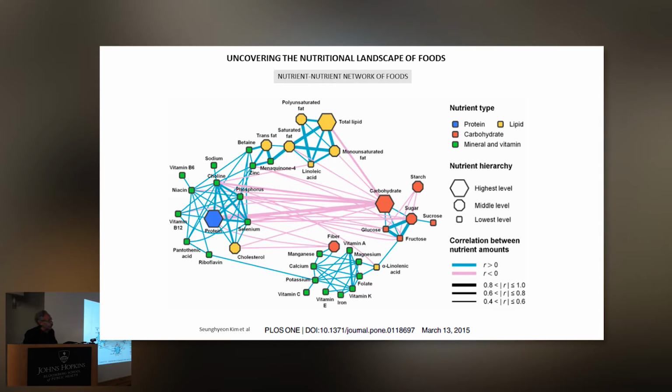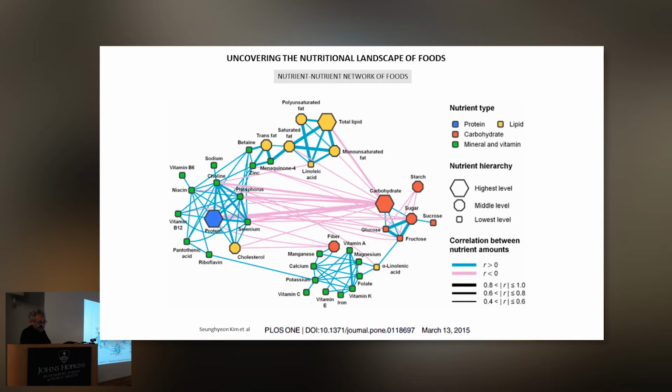So when you see a blue line, that is a positive correlation. If you see a pink line here, it's a negative correlation. And what you can see are some relationships that are quite interesting. So if you're eating protein, you're likely going to have foods rich in selenium.